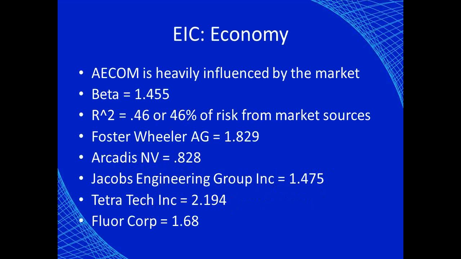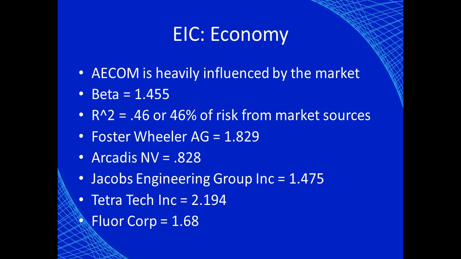So AECOM is heavily influenced by the market. They have a beta of 1.455, and as we mentioned before, a beta of above 1 means it is significantly influenced by the market. And their peers also have high betas, with 4 out of 5 of the competitors we chose having betas of above 1. So Foster Wheeler has a beta of 1.829.